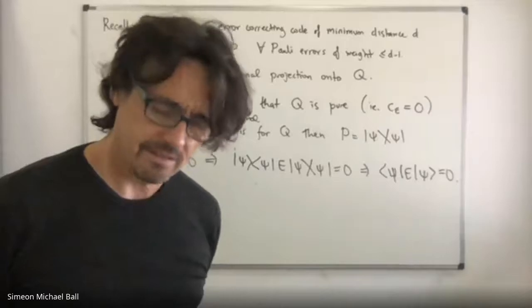The theorem is that if it's maximally entangled, like if we have the maximally entangled entanglement measure, then it gives an orthonormal basis. Or is that not? Maybe I understood it wrong. Say that again. If you have a state that gives the maximum for the EM, then it's the basis for some code.